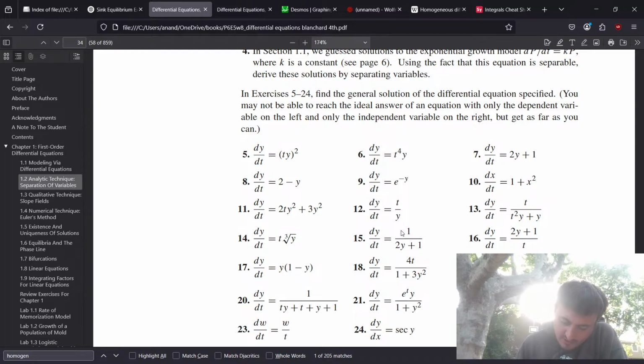And so then we're going to get 1/2 ln absolute value of 2y plus 1 is equal to t plus c, so then we're going to get 2t plus c. Then we exponentiate, and we get absolute value of 2y plus 1 is equal to c e to the 2t. So we get y is equal to c e to the 2t minus 1 half, y of t for c in the reals.